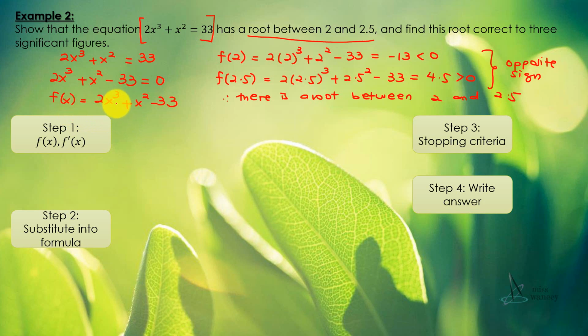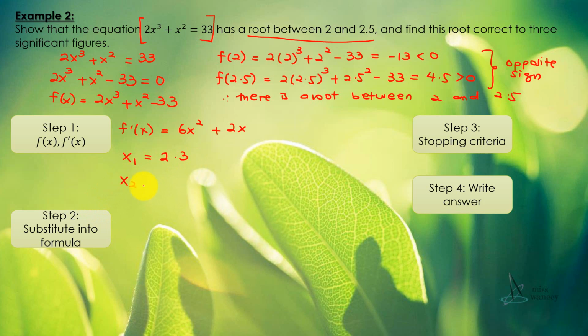Now let us find the root by using Newton-Raphson. f(x) is 2x cubed plus x squared minus 33. So f prime of x, differentiating, we get 6x squared plus 2x. Second, let us substitute into the formula. We need the first initial value, so x1 we have to choose somewhere between 2 and 2.5. Let me choose 2.3. You can choose 2.1 or 2.2 as well. So x1 is 2.3.